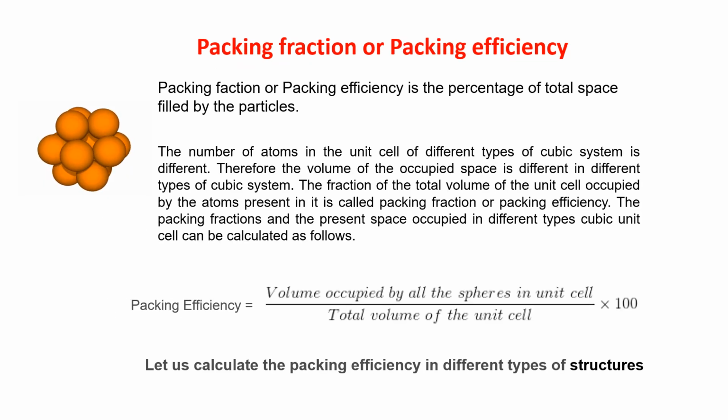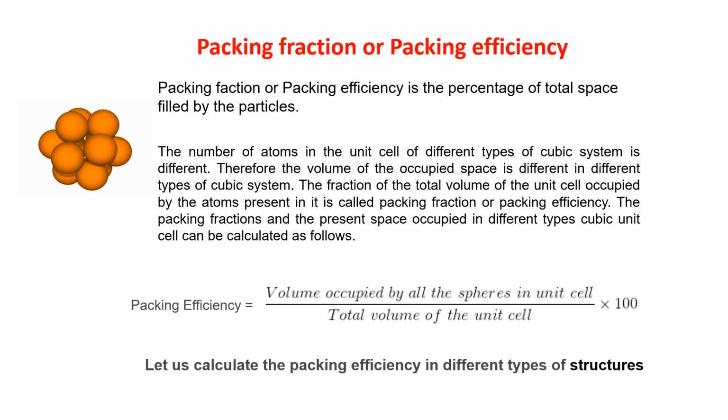Next slide is the packing fraction or packing efficiency. Now you are saying that 8 corners in a simple primitive cell, I am talking about 8 corners, 8 atoms are there. So that means the whole cube is not filled.